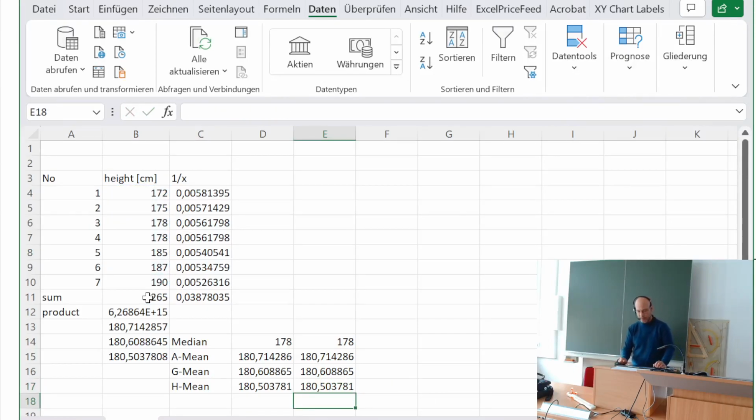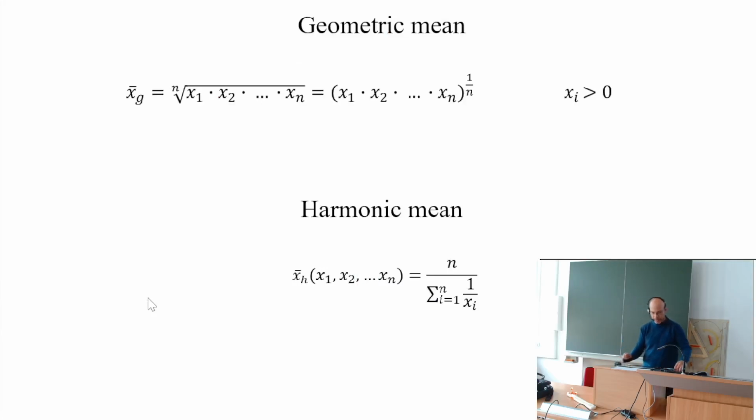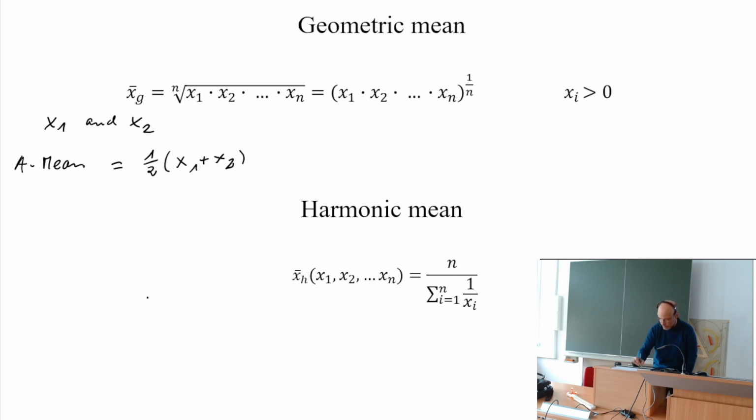and then we can directly calculate this one. Well, and if we look how we calculate these numbers, then let's take just x1 and x2, and we have the arithmetic mean. What we are doing then is 1/2 (x1 + x2).